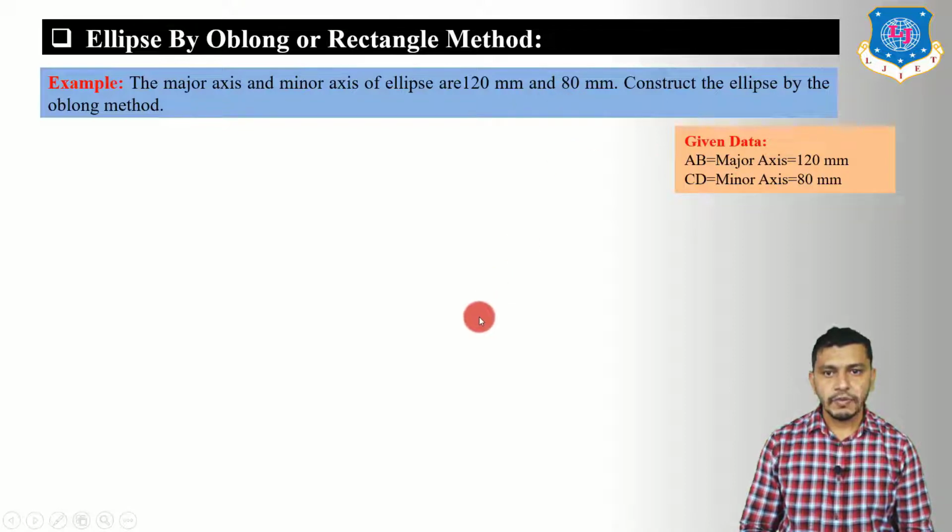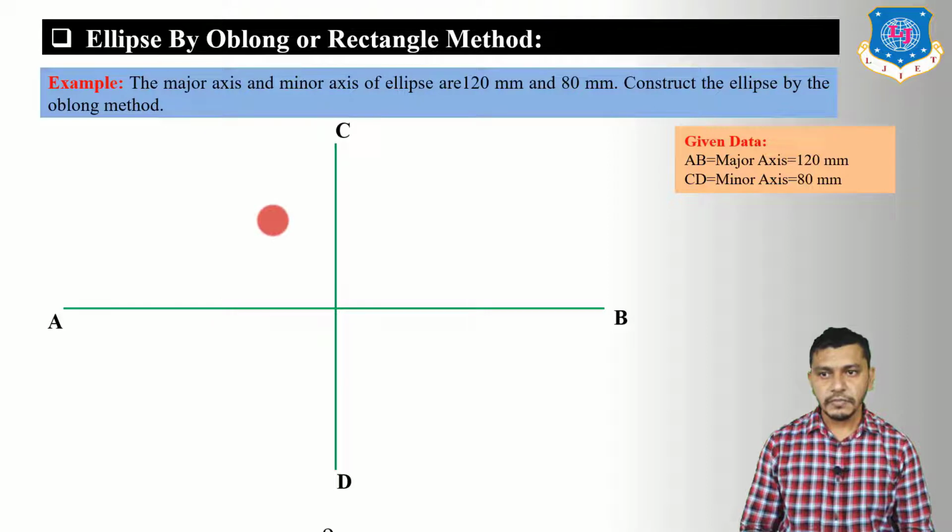First of all we have to draw the major axis, which is a horizontal line. Let us say the major axis is AB and the length is 120 mm. Now draw the minor axis CD having length 80 mm.